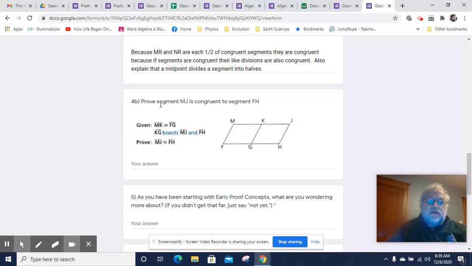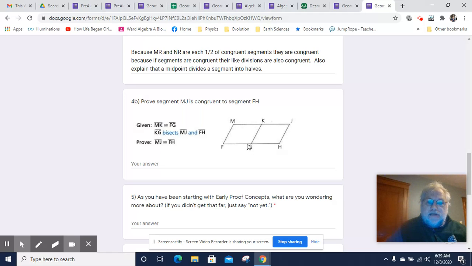Okay, prove segment MJ is congruent to segment FH. So let's find MJ. There's MJ and there's FH. So that's this whole segment here. Now we're told that KG bisects both MJ and FH, and we're also told that MK and FG are congruent.